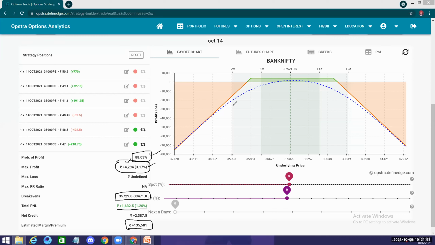So what happens is, if I take two positions like this per month and I pocket 4,000 rupees into 2, it is 8,000 rupees, which turns out to be approximately 6.4% on the capital deployed.